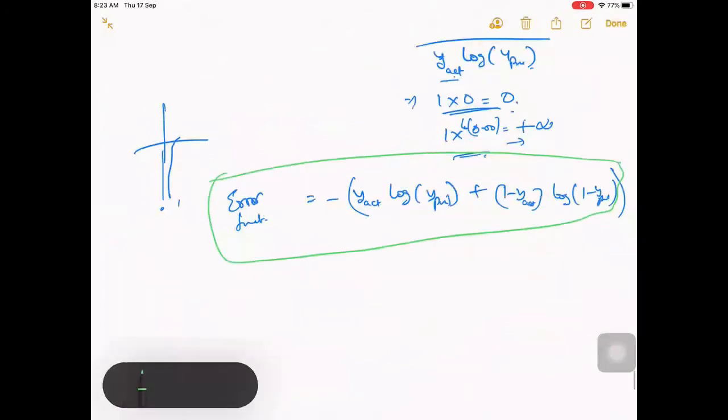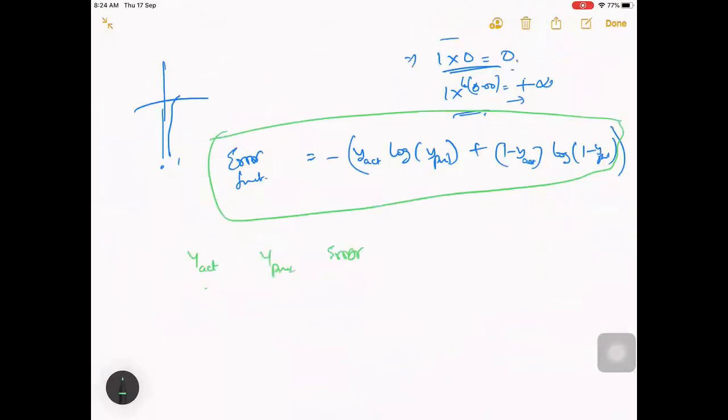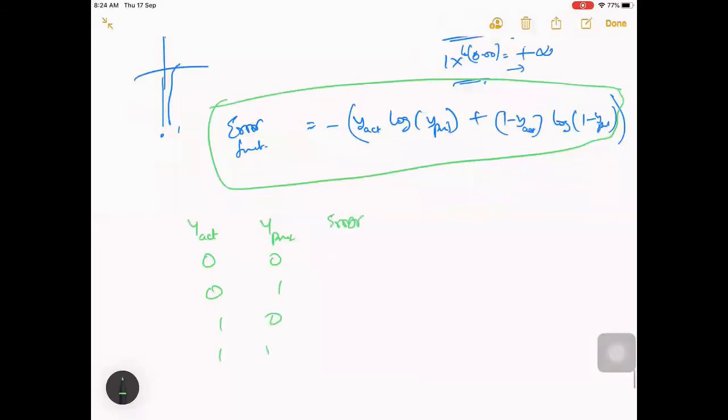So this error function, with y actual, y prediction, and error. Now we have defined error. Now let's see what the values would be at 0,0; 0,1; 1,0; 1,1. Instead of 0, because log of 0 is undefined, we'll take somewhere around 0.01. Taking this into consideration, let's compute the error.